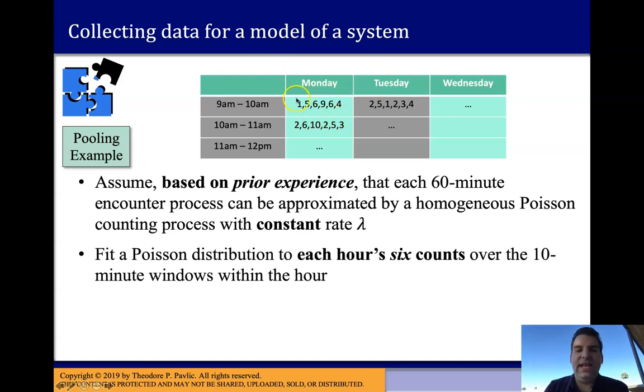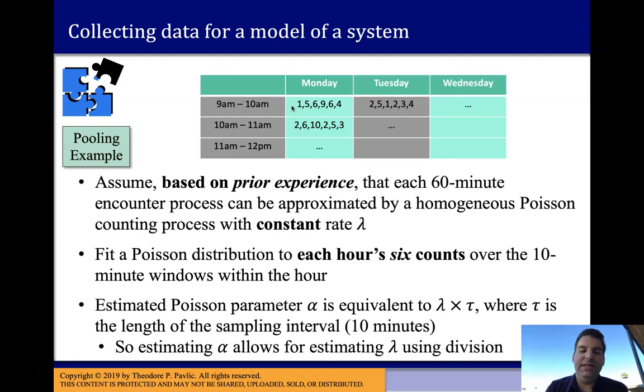So I could fit a Poisson distribution to these counts. Now remember, there is a relationship between a Poisson distribution and an exponential. And that relationship is that the parameter I fit to the Poisson distribution is equal to the exponential arrival rate times the interval length.